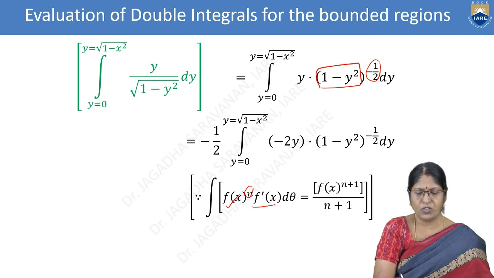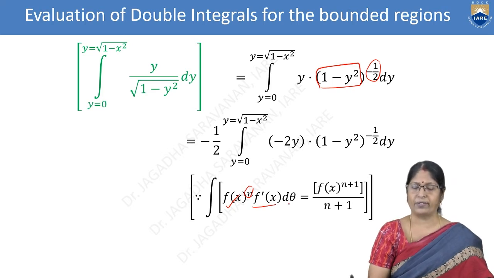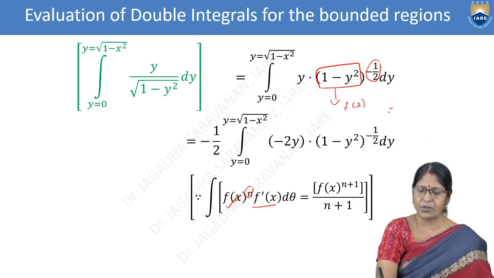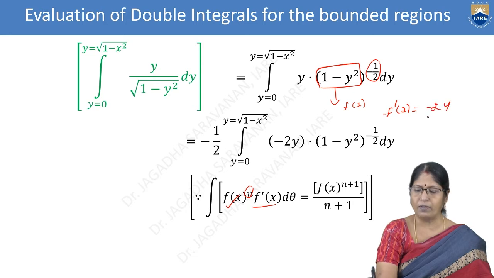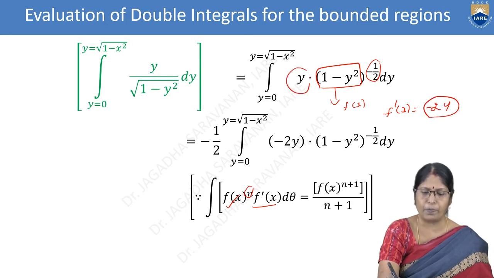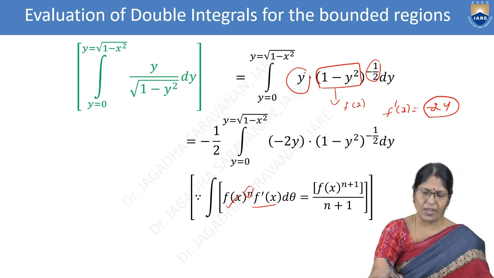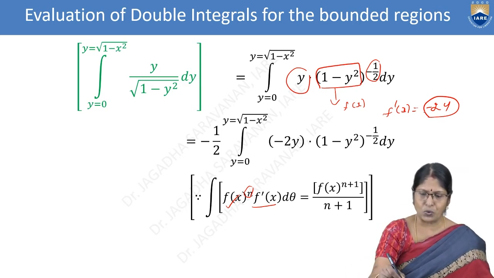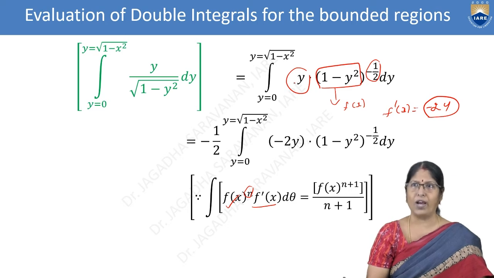So next it should be f dash of x. If we take this as f of x, then what about f dash of x? It should be minus 2y, and we want it in this place. But unfortunately, instead of minus 2y, we have only y.